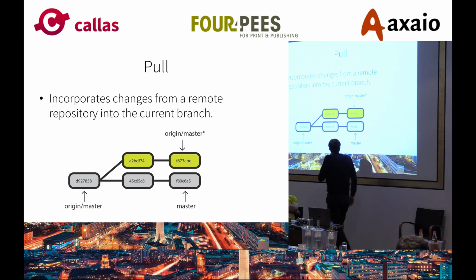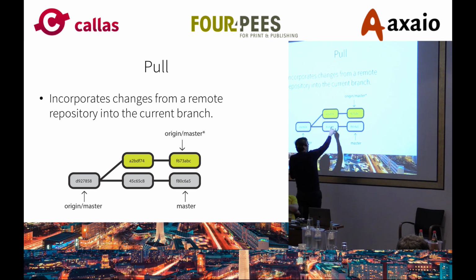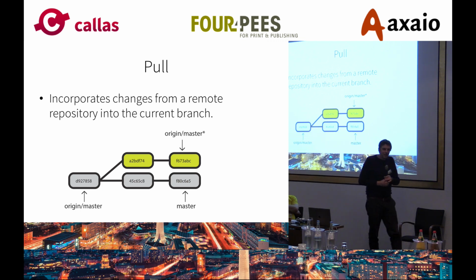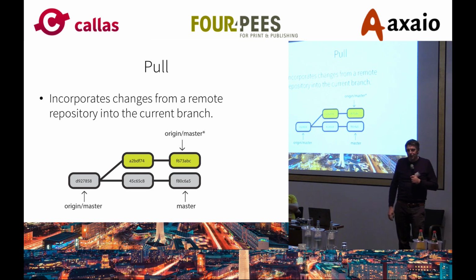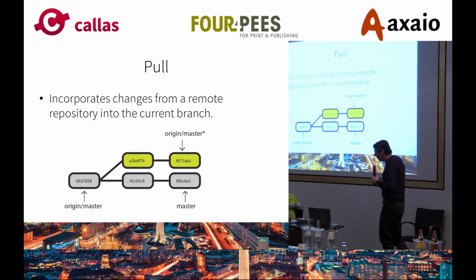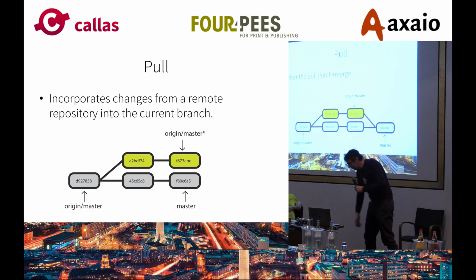But the interesting thing is that we now have new revisions that are not known in the local repository, because we did a clone and we did not update the repository. So what we can do is do a pull. And the pull fetches all the changes from the remote repository and merges them into the local repository.